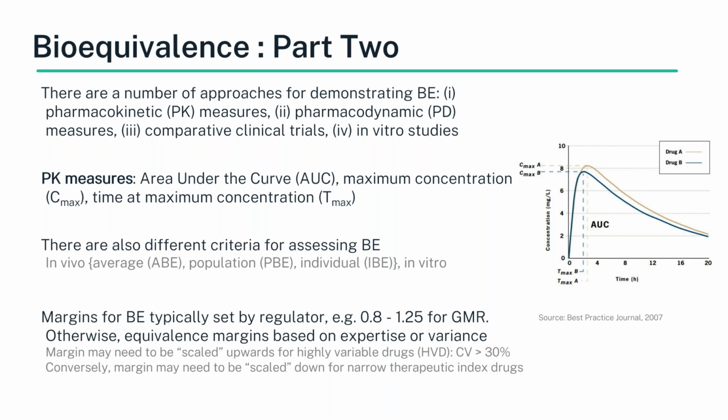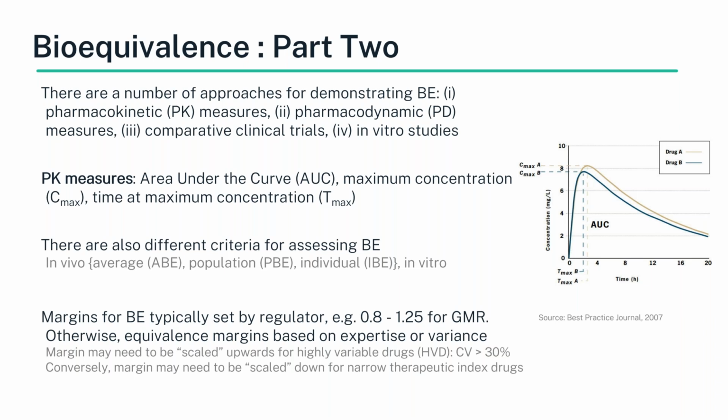But then on the other hand, if you have very narrow therapeutic index drugs, these margins may have to be narrowed or scaled down. And so a common one for that would be 0.9 to 1.11. And again here, this is set so that the limits are the reciprocal of each other.